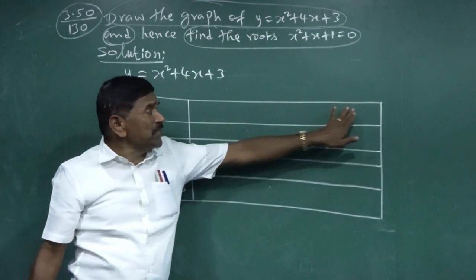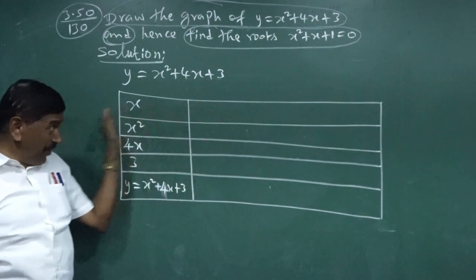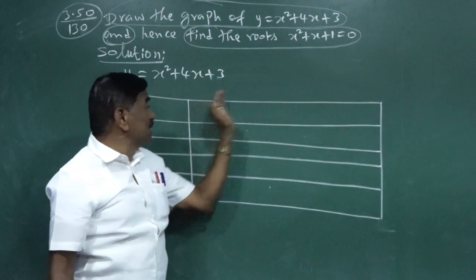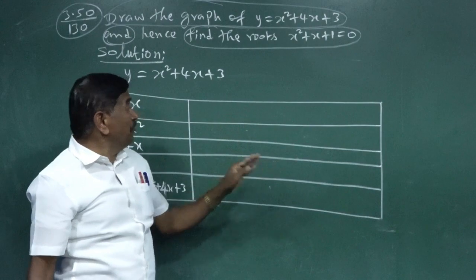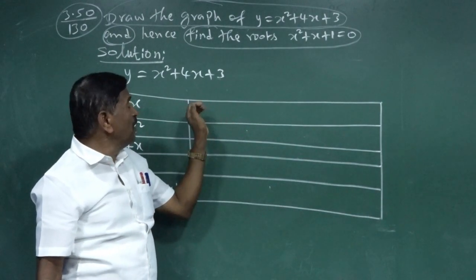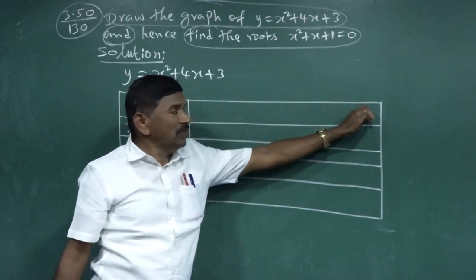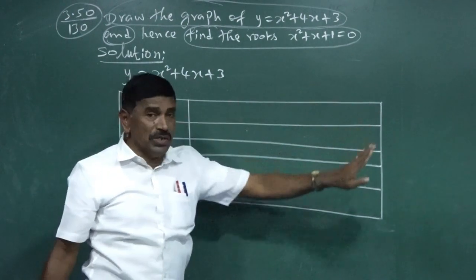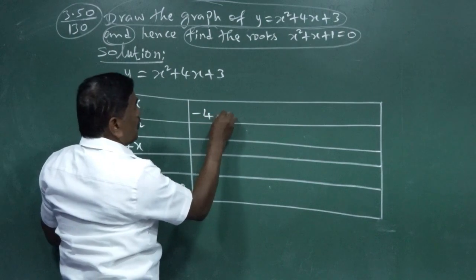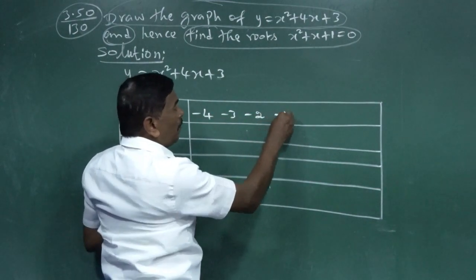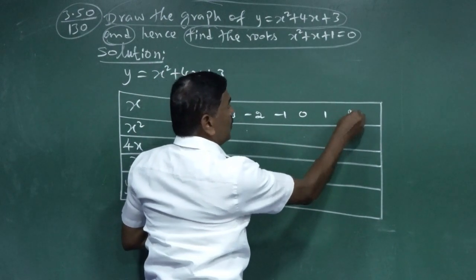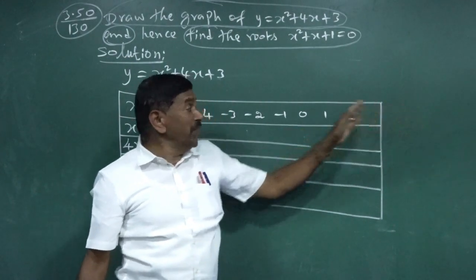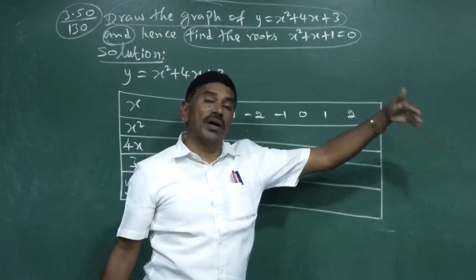Sometimes it is not enough, which means we can extend the left way and the right way also according to the situation. For our convenience, for this question, let us take -4 to +2. If not possible, we can extend it. So: -4, -3, -2, -1, 0, 1, 2.